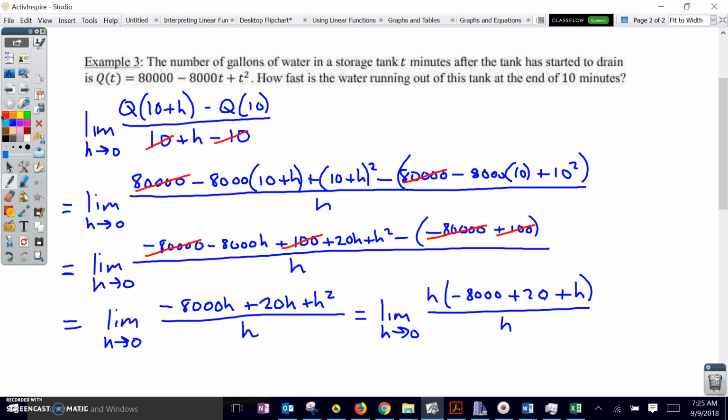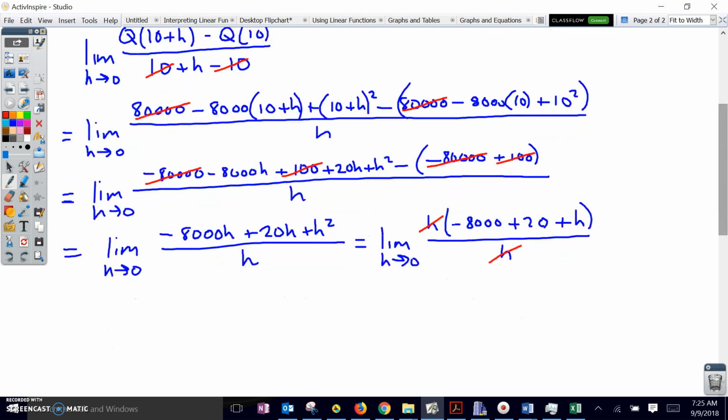And then the h's from the numerator and the denominator cancel each other out. And I'm left with this being equal to the limit as h goes to 0 of negative 8,000 plus 20 plus h, which we can find using substitution.